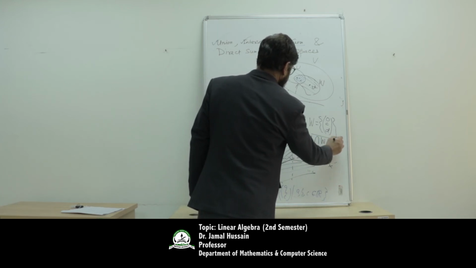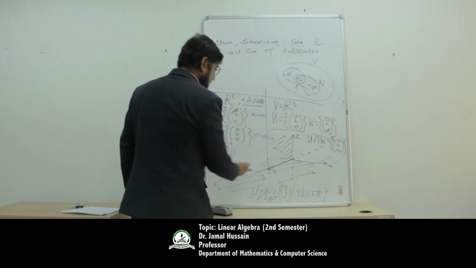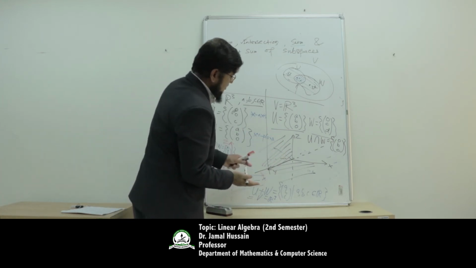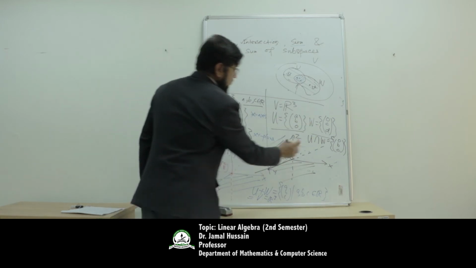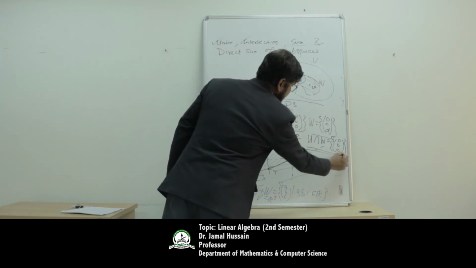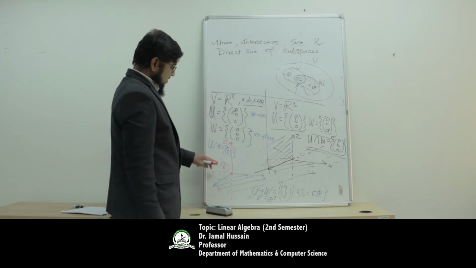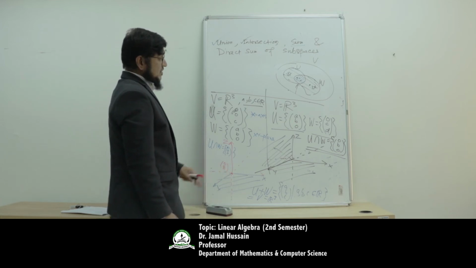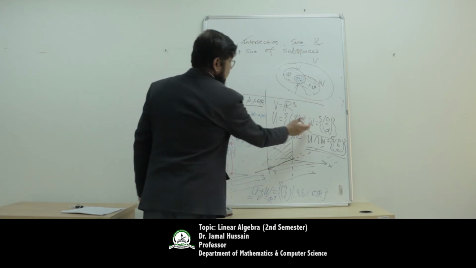It is the set of the form (0, b, 0). So the whole y axis is the common part of U intersection W. The difference between the two is that here the intersection is only at the 0 vector, and here the whole y axis is common between these two.